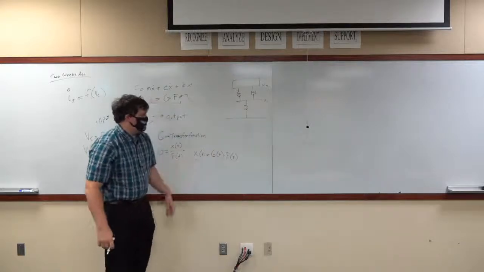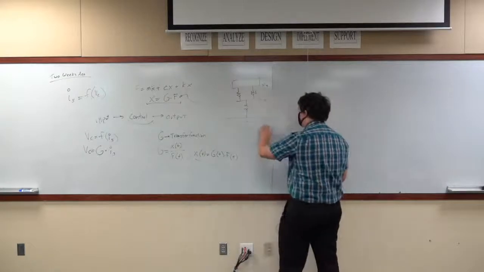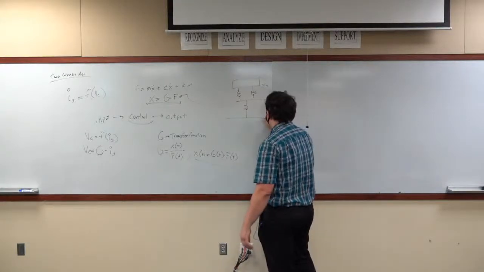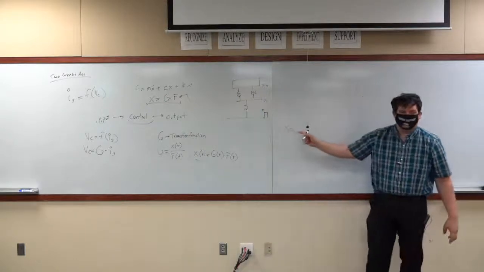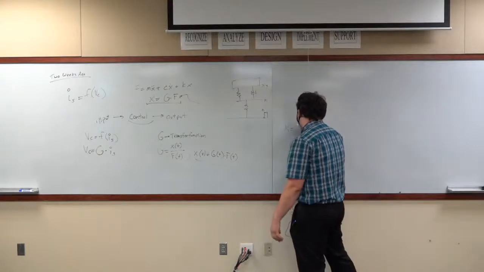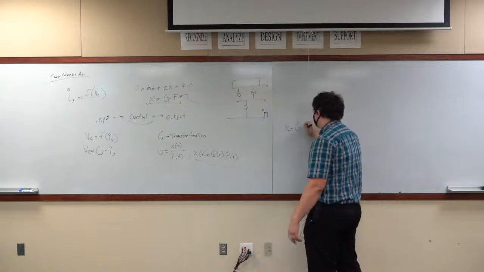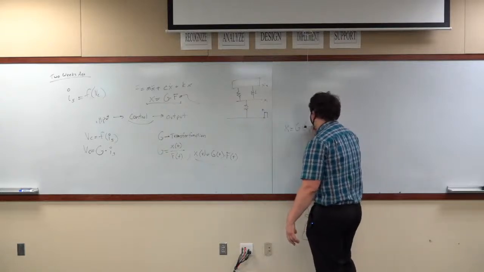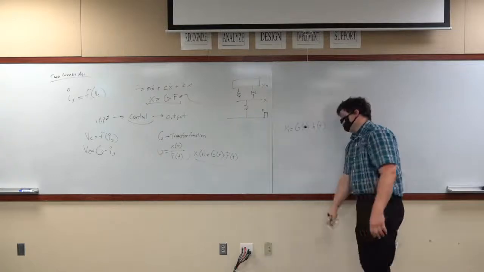And what it ends up being is that x1 is equal to, let's say that it's a function of h, the height of the roadway, the height of a bump in the roadway. So x1 is equal to g of t times h of t. Both of those are functions.